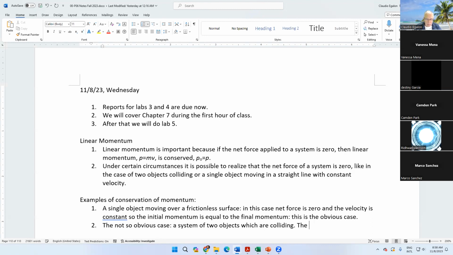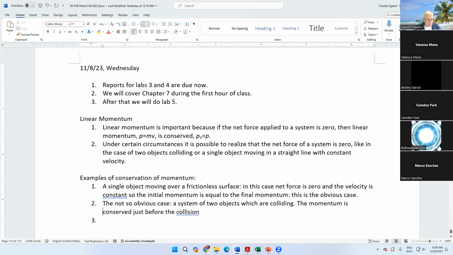The linear momentum is conserved at an instant of time t just before the collision.